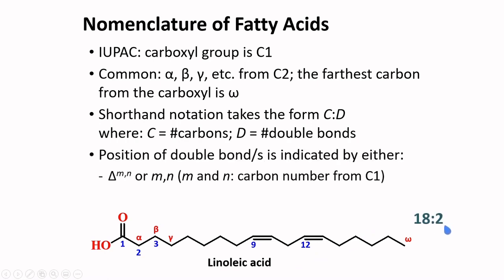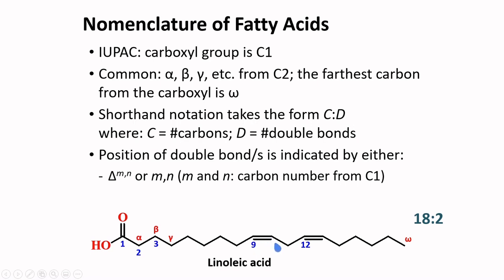18:2. The position of the double bond is indicated by either a delta followed by M superscript N, or simply M,N, where M and N indicate the carbon number from C1. Here, the double bond is at position 9 and position 10.